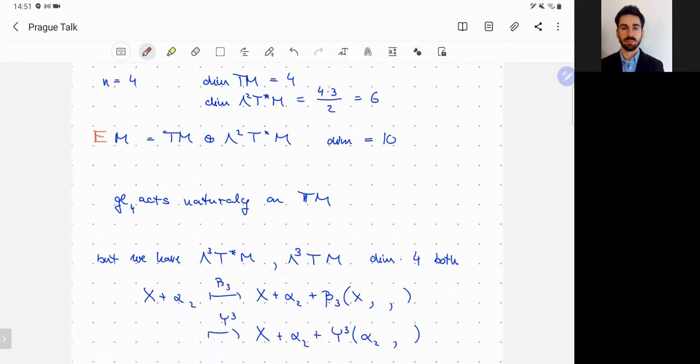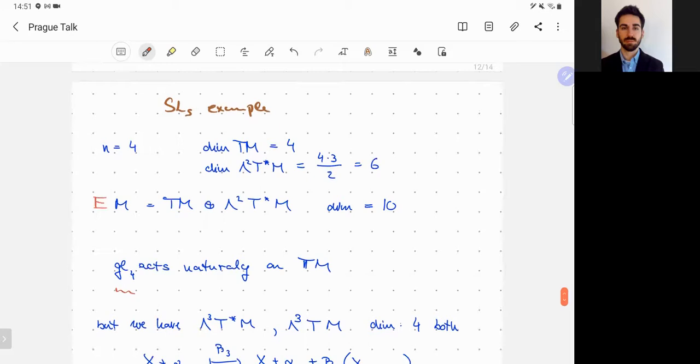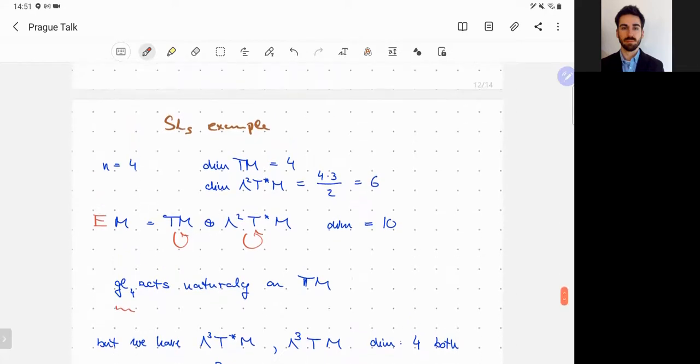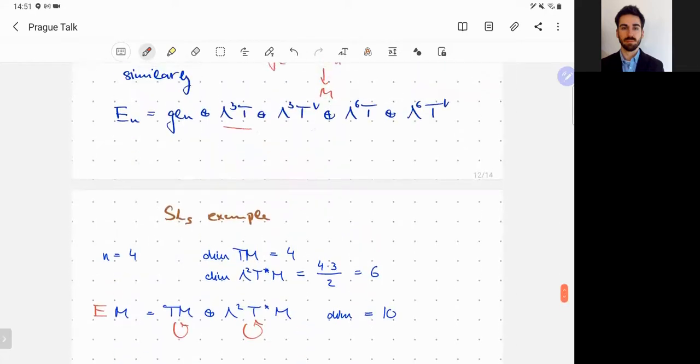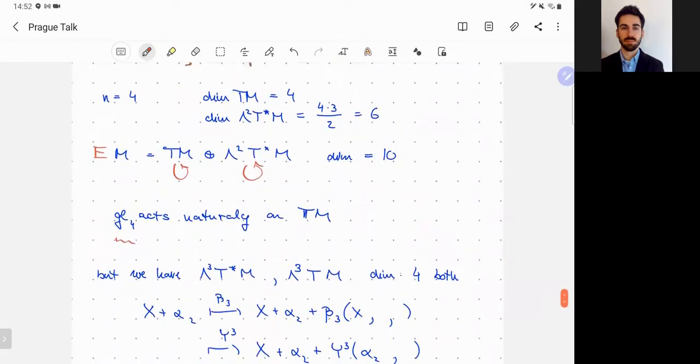And as I said before, there's this GL4 within the E4, and it acts on these individual pieces separately. So that's the geometric subgroup. It acts on TM and on T star M separately. But then there are these extra bits, these three guys. There are not six ones because we're in low enough dimension, and they do what was happening in the exceptional generalized geometry.